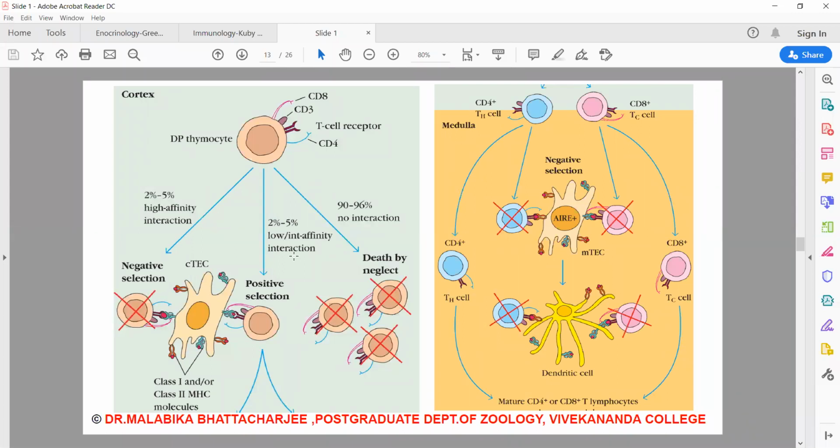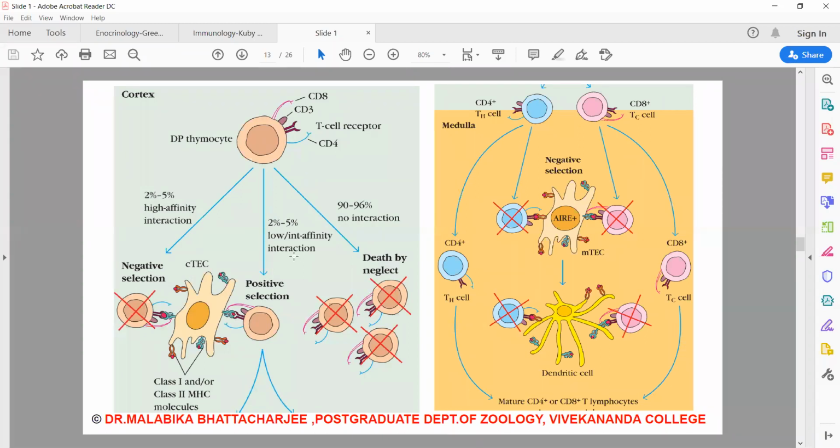So the expression of CD4 on the lymphocyte or the expression of CD8 on the lymphocyte is actually controlled by the MHC receptor to which these co-receptors bind. So it is actually the MHC which is ensuring whether a cell will have a CD4 receptor or a CD8 receptor.